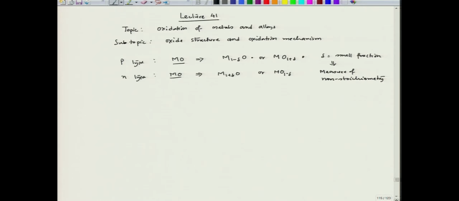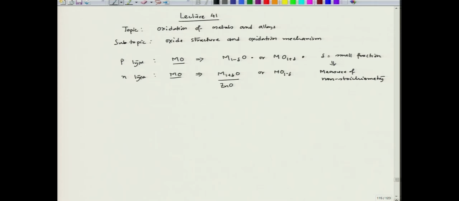Now, out of that we started discussing M1 plus delta O, which is an N type oxide. One classic example is zinc oxide, and in this oxide the extra zinc cation present in the oxide lattice goes to the interstitial position, because you have extra metal cation.